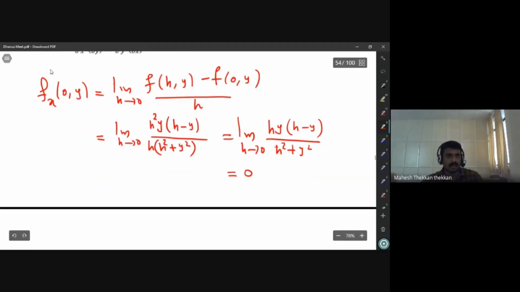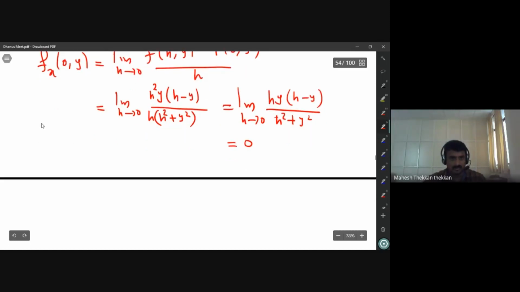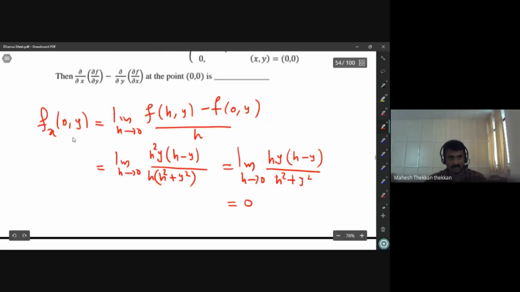Now again you have to take the derivative with respect to y, but this function is a 0 function. Again you are taking the derivative with respect to y, what will happen? You will get 0 only. You can say it is the derivative itself because it's a function of y alone now.